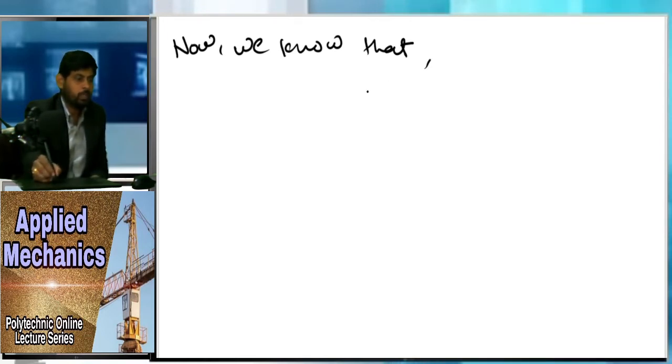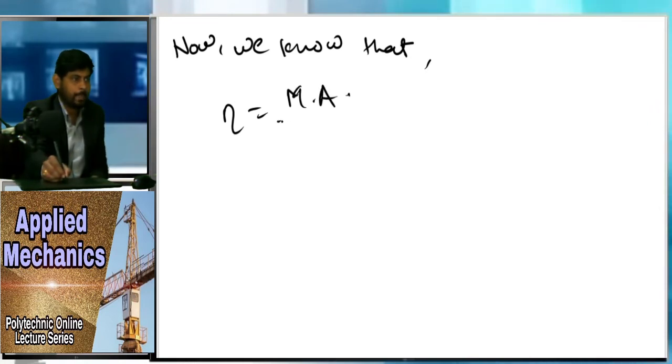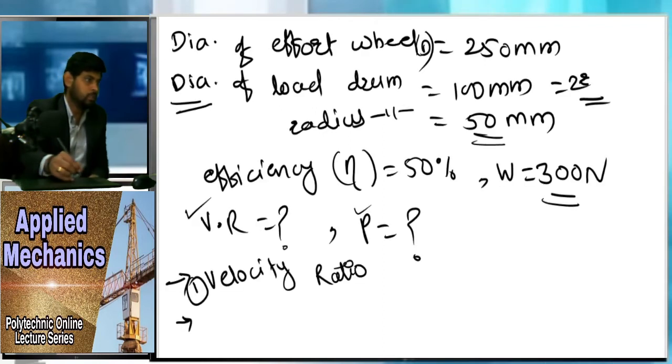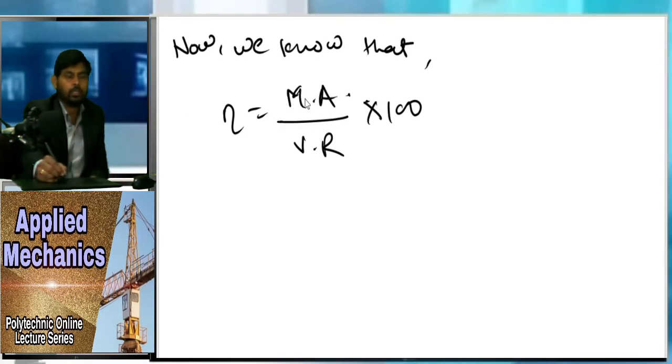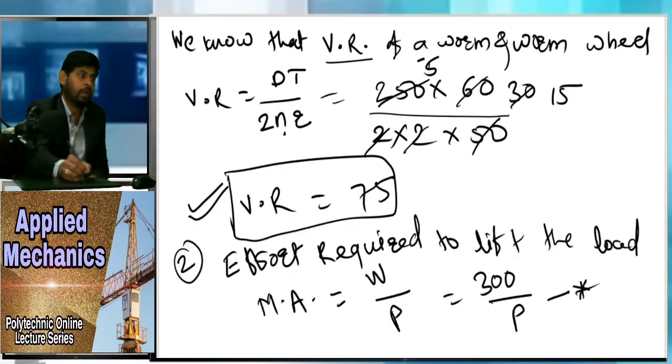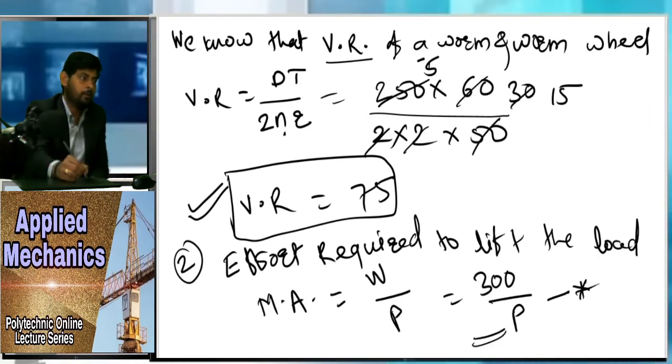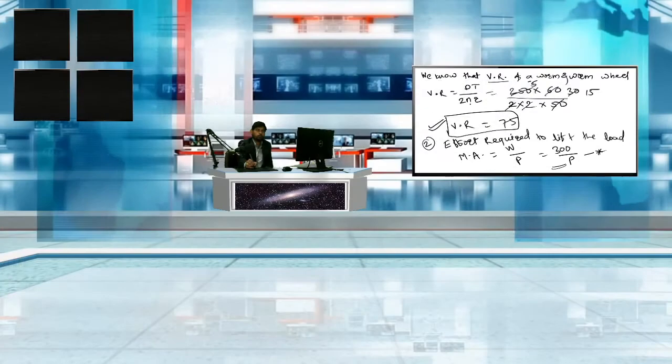What we know is efficiency is equal to mechanical advantage divided by velocity ratio into 100. Now efficiency is given to us, yes or not? Yes, efficiency is 50%, that is given to us. Mechanical advantage is not given to us, but we have found one relation for mechanical advantage. You can see here 300 divided by P. Velocity ratio we have found, that is 75.